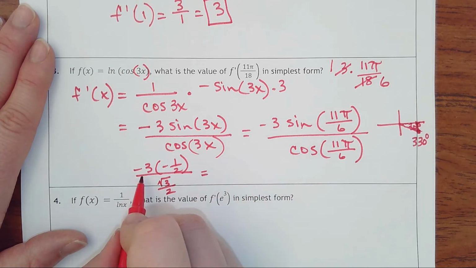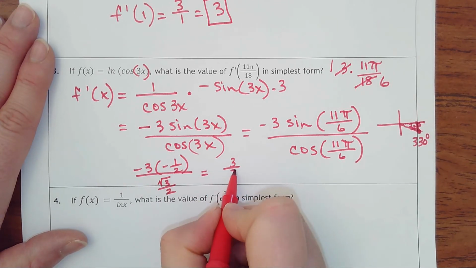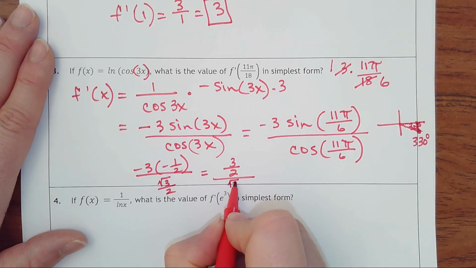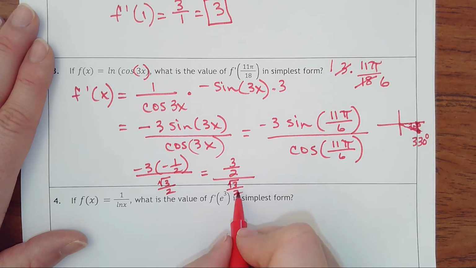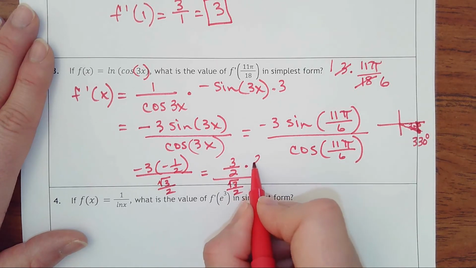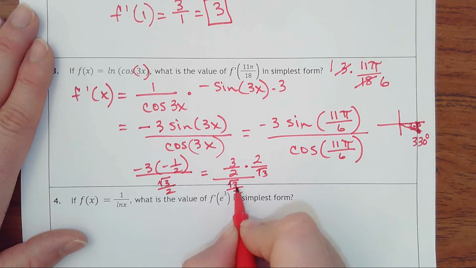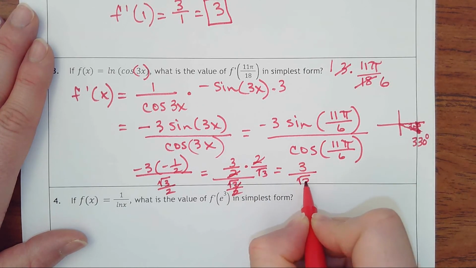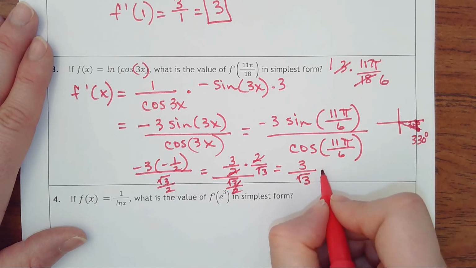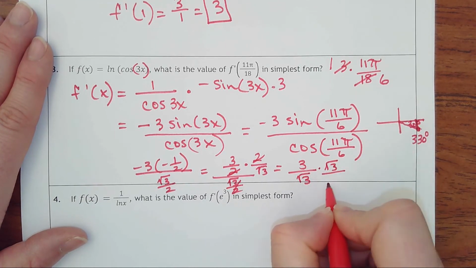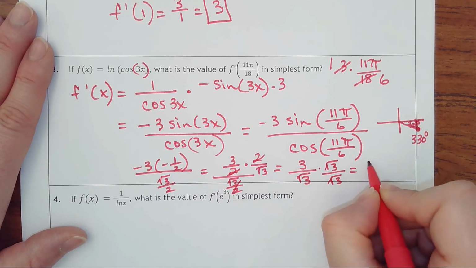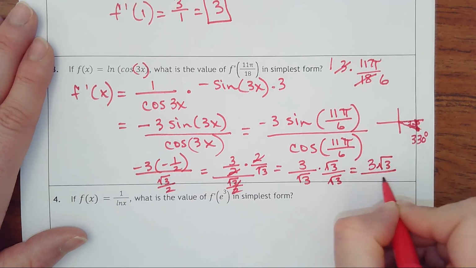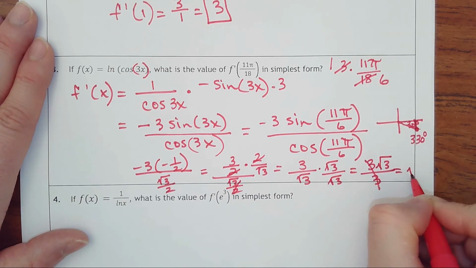And so what I get is positive 3/2 divided by square root of 3 over 2. I want to fix that by multiplying by the reciprocal, 2 over square root of 3. 2's cancel. I get 3 over square root of 3. I think it'll take that answer, but if you want to rationalize, you get 3 square roots of 3 over 3, and the 3's cancel.